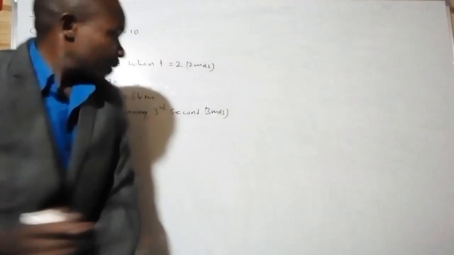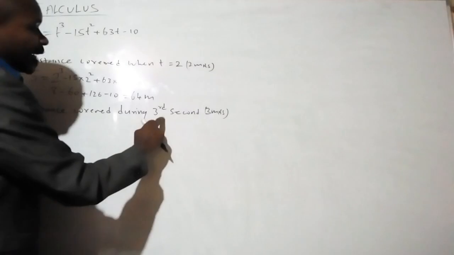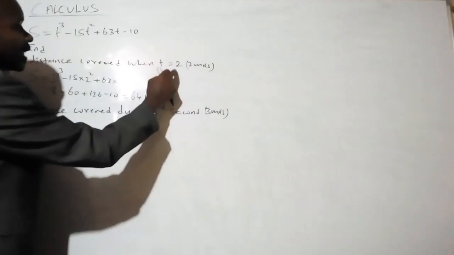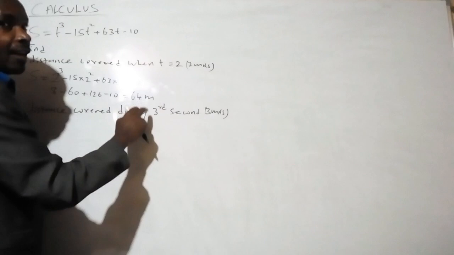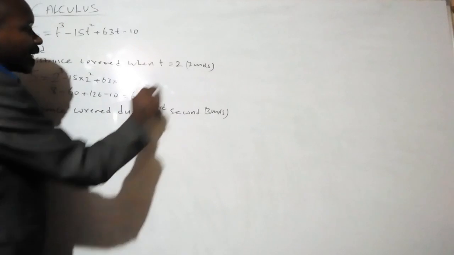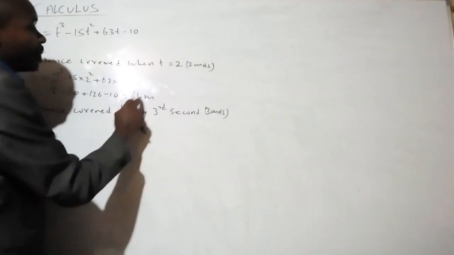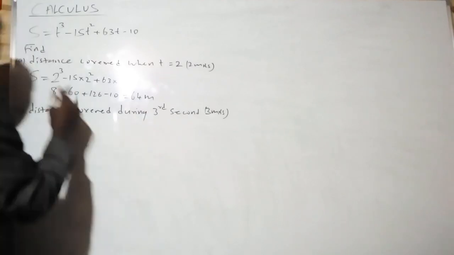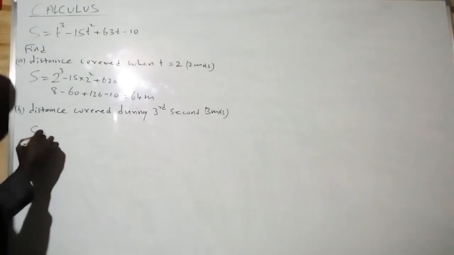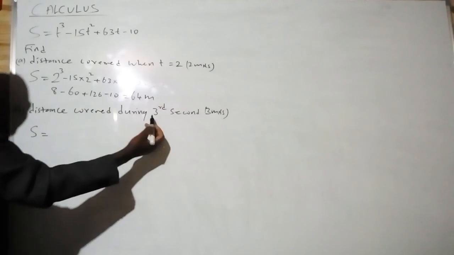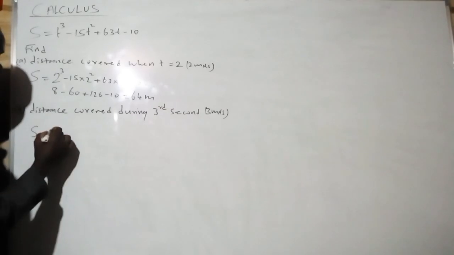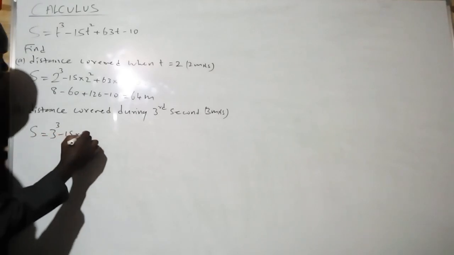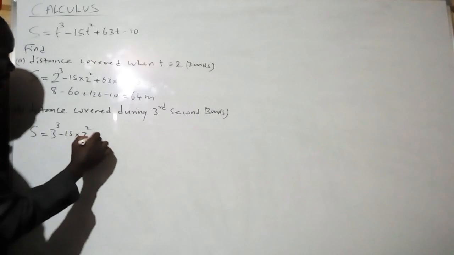Now that we have calculated the distance covered during the second, we are going to subtract. You take the same equation S, where we have t, we replace with 3. 3 cubed minus 15 times 3 squared plus 63 times 3 minus 10.